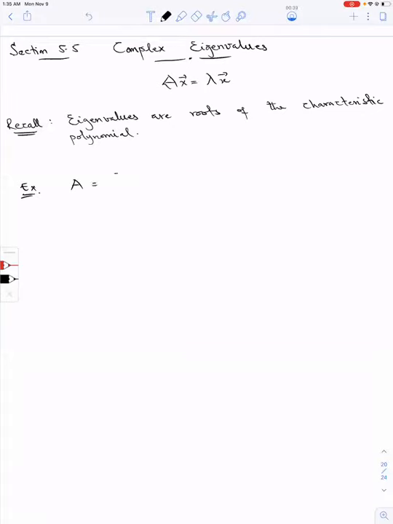let A be equal to [0, -1; 1, 0]. Now, for this matrix A, if we find its characteristic polynomial, determinant of A minus lambda I equal to 0, we are going to get lambda squared plus 1 equal to 0.